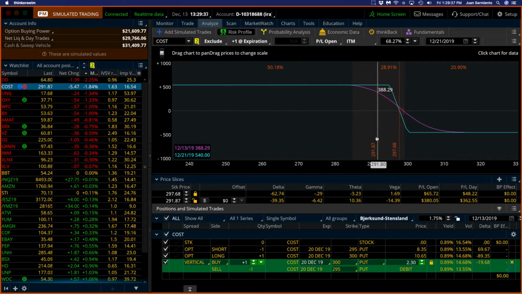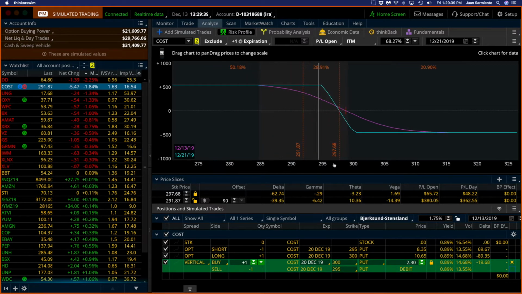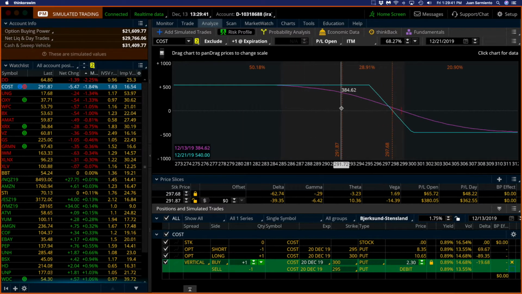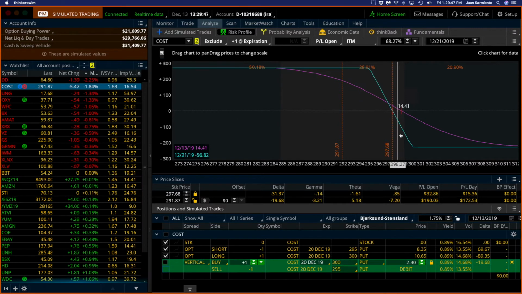Let's spread this a little bit, and you can see where we are. The potential was an investment of 230 to make 270, and we have made 187. Again, we have until next week.